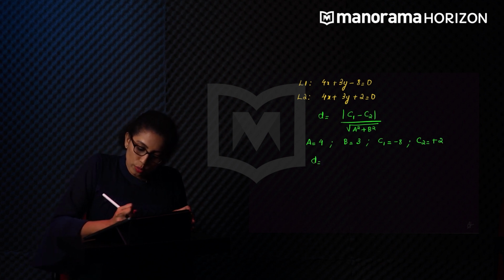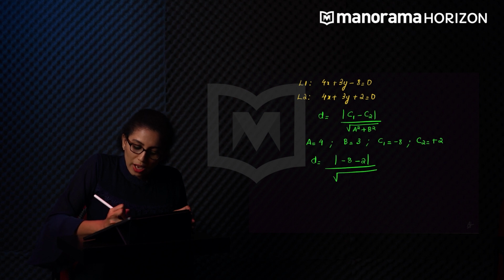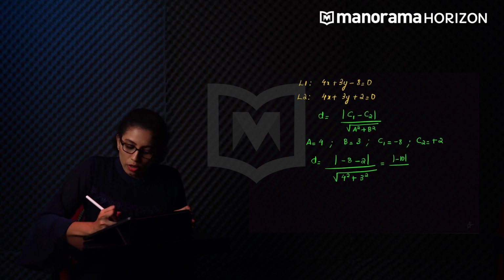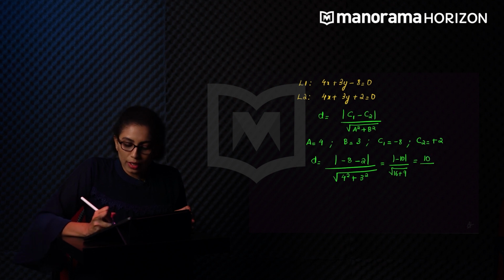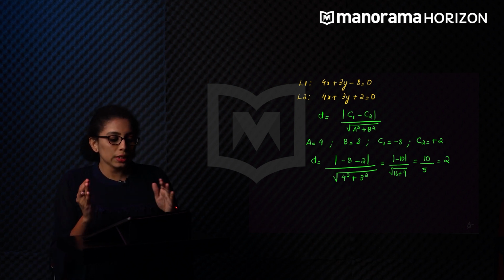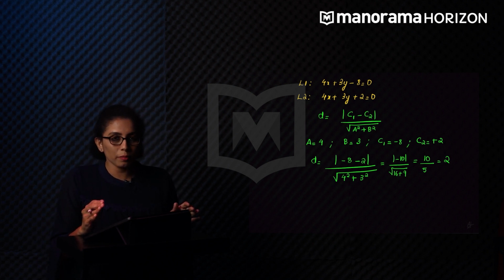D is equal to modulus of c1 minus c2, minus 8 minus 2, divided by root of A square plus B square, that is 4 square plus 3 square. We get modulus of minus 10 divided by root of 16 plus 9, which is equal to modulus of minus 10 will give you 10 divided by root 25, that is 5, and we get it as 2. So the distance between the two given parallel lines is nothing but 2.